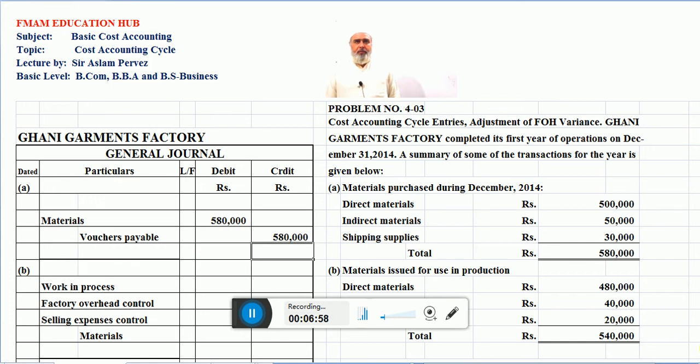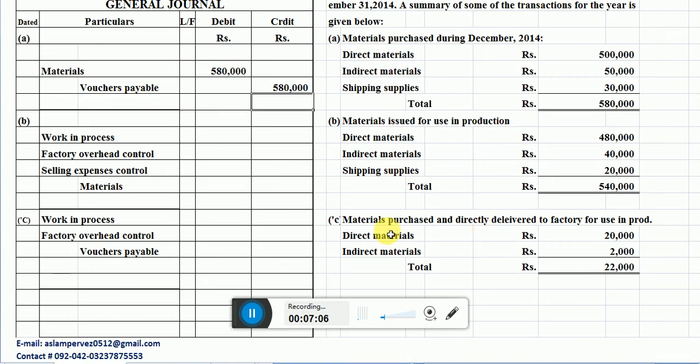The second transaction is materials issued for use in production. Students, at the time of production, the material has to be sent to the production department from the storeroom.